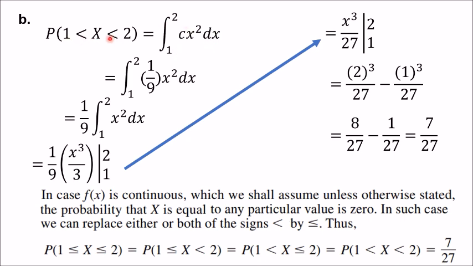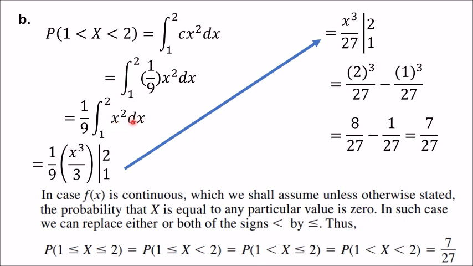Those are the lower and upper boundaries of our integral. Since we solved c as 1 over 9, we substitute it here: the integral of 1 over 9 x squared dx evaluated from 1 to 2. 1 over 9 is a constant, so we can take it out, leaving x squared dx inside the integral.